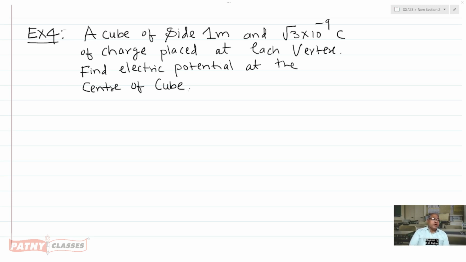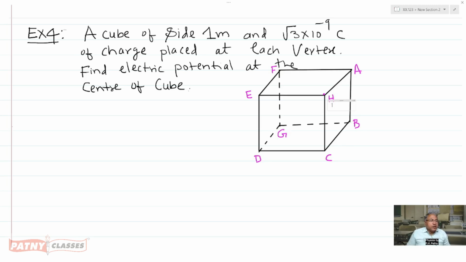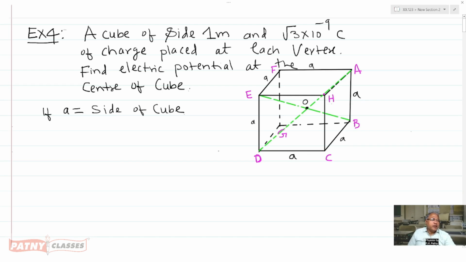Before proceeding, let us draw the diagram of the cube. So this is the diagram of the cube and its vertices. Now draw the diagonals AD and EB, and their intersection point is O. O is the center of the cube. Let A be the side of the cube. Every side is equal to A. So we need to find AD.